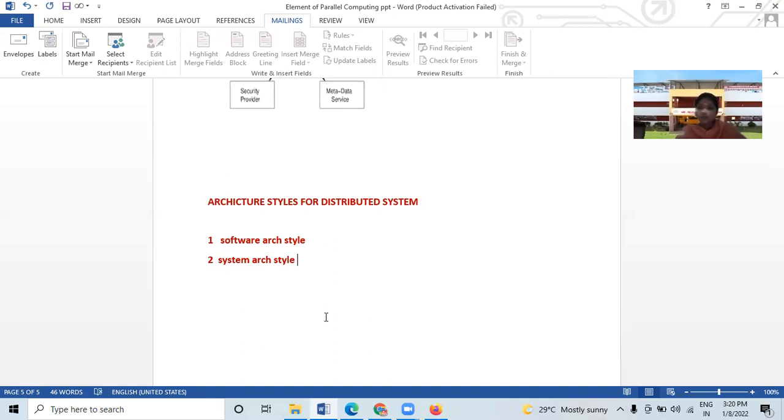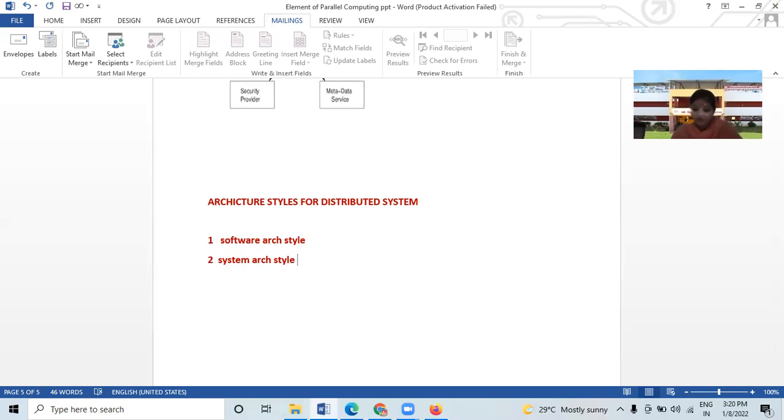The architecture pattern is the description of the relationship types and elements, along with a set of constraints to the implementation of a software system. Okay, so here the architecture style is a very specific solution to a particular software. That means the software architecture is used to find the particular solutions.